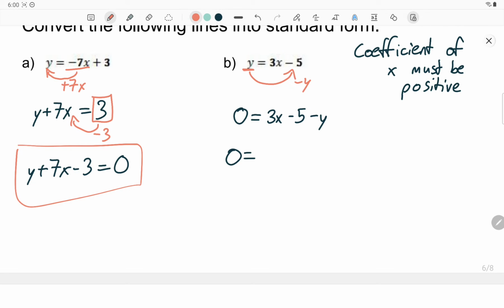So that's what we're going to do. So we're going to slot this minus y just in front of the 5, because we want to make sure we're in the order of x term, y term, number. So we're going to have 3x minus y minus 5. And there we have our standard form.